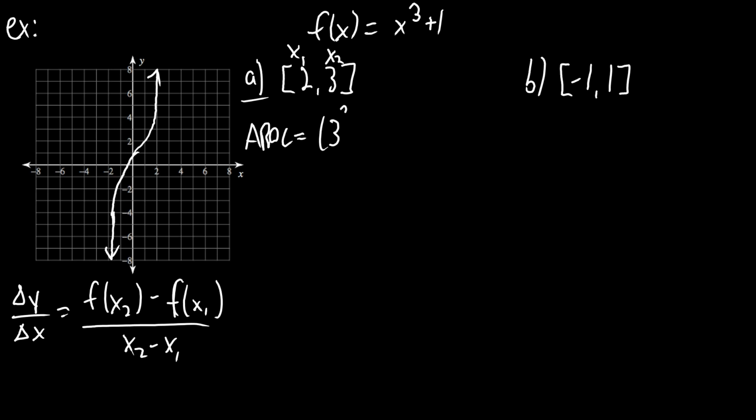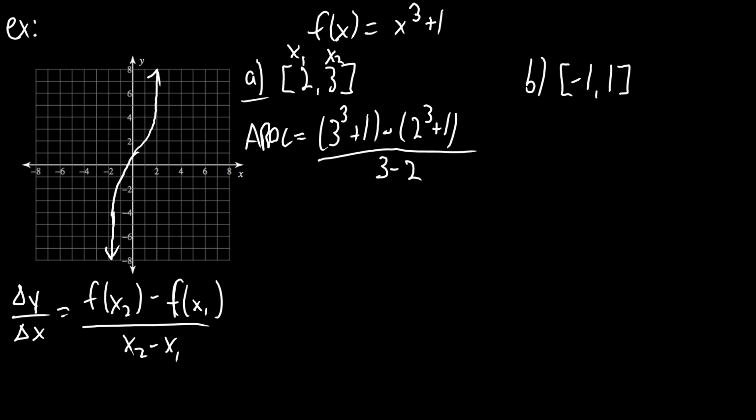So we're going to have 3 cubed plus 1 minus 2 cubed plus 1 over 3 minus 2. Okay, and now I'm just plugging x2 into our f of x for this part, and I'm plugging x1 into our f of x for that part. Okay, so hopefully that makes sense.